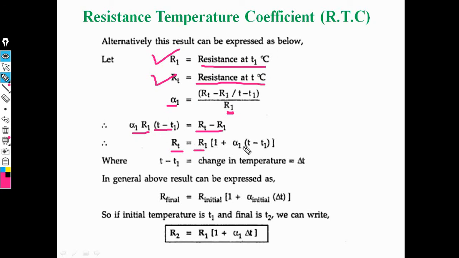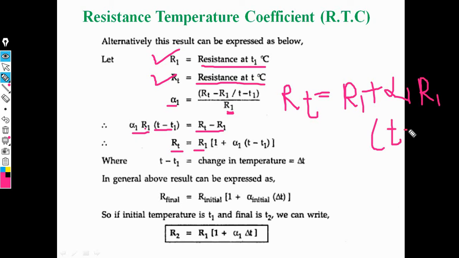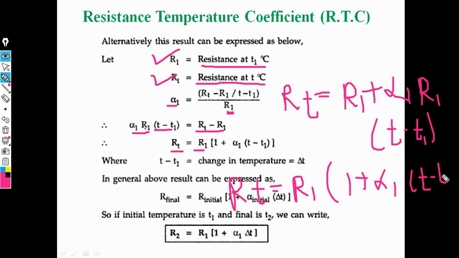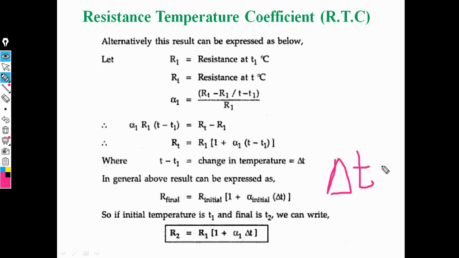Here T minus T1 is the change in temperature, delta T.